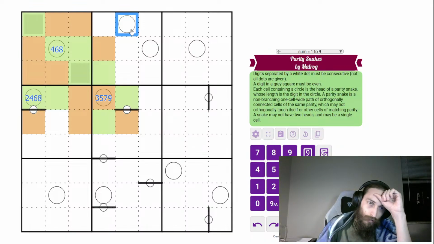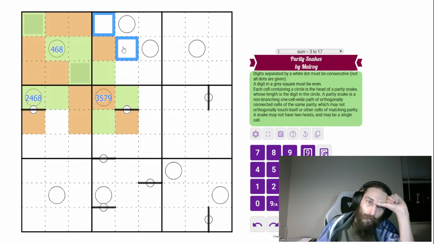If it's odd, we could escape to the right and make both of those even. This would be forced to be even, and that's all the evens in the row, but then it couldn't go down.